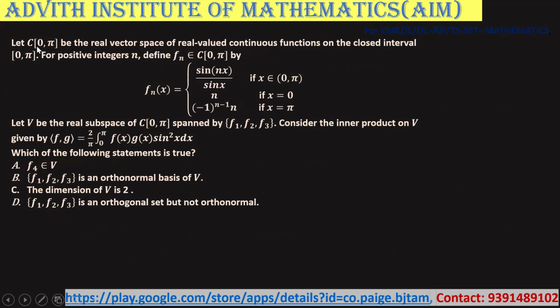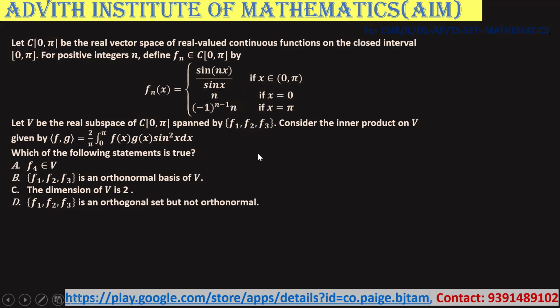Let C be the set of all continuous functions defined on the closed interval 0 to pi, the real vector space of real valued continuous functions, and for any positive integer n define fn, a continuous function, as sin nx by sin x if x belongs to the open interval 0 to pi, when x equal to 0 fn of x equal to n, and when x equal to pi fn of x equal to minus 1 whole power n minus 1 into n, and let V be the vector space spanned by f1, f2, f3.